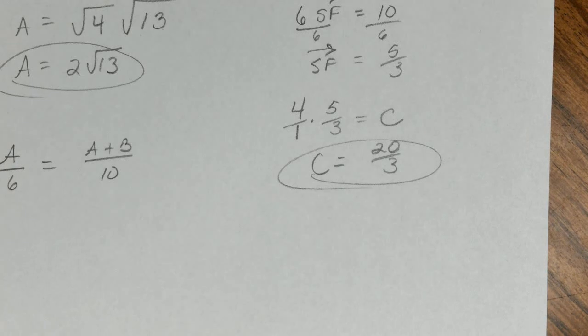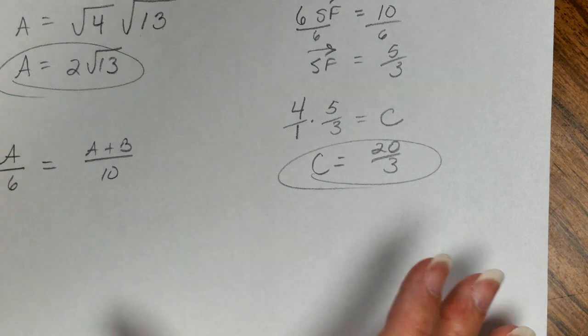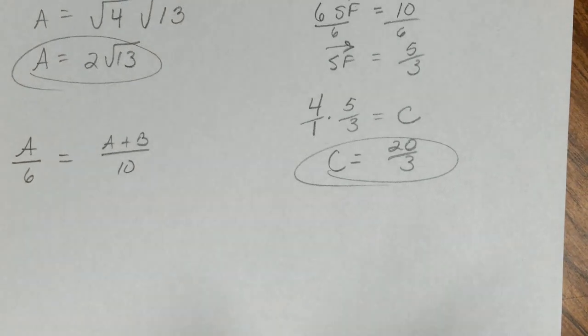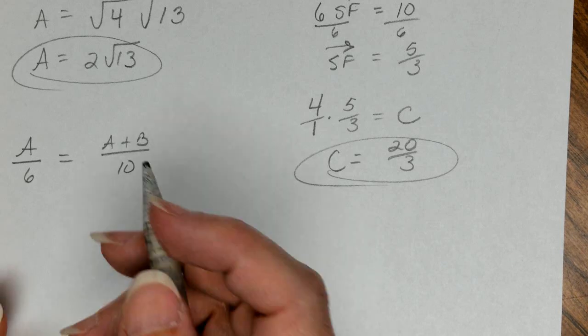Okay, and I do know what A is, so I could put it in now, or I can simplify this equation a little bit and then put it in. That's entirely up to you what order you'd like to do them. And I think I'm just going to keep my A in for a little while.